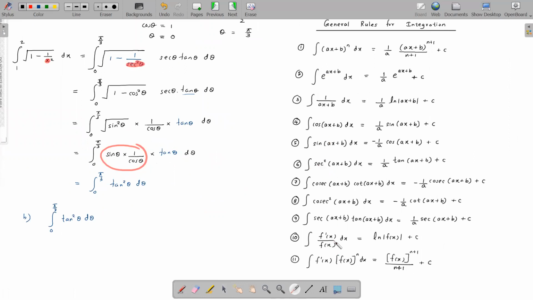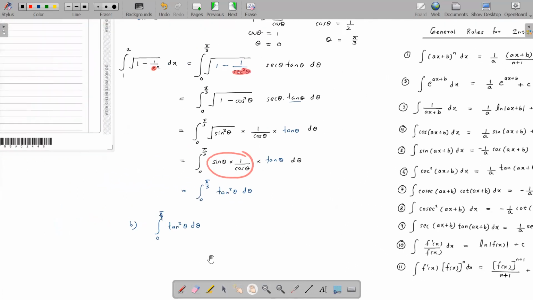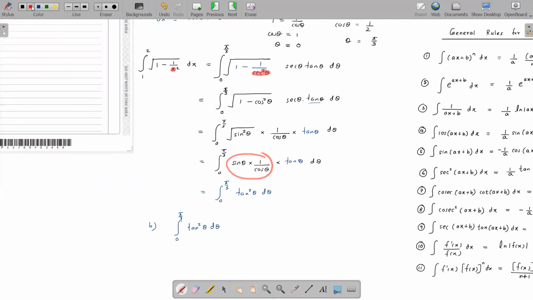So what we can do is use another commonly used identity. Other than sine square plus cos square equals 1, in trigonometry we also have 1 plus tan square theta equals sec square. Can you remember? 1 plus tan square theta equals sec square. So this is another main identity that we use in trigonometry, isn't it?